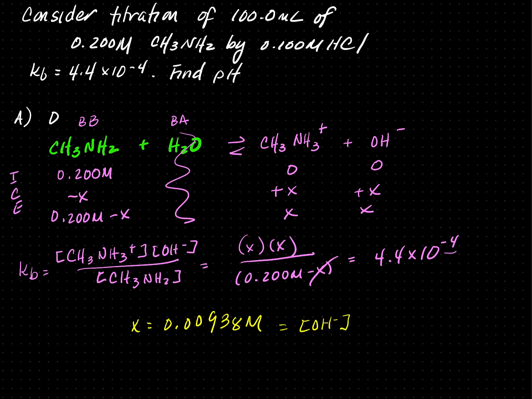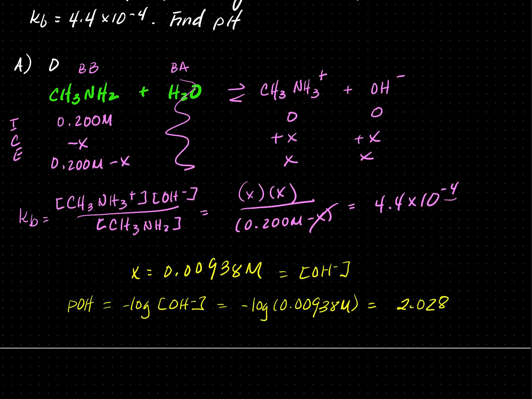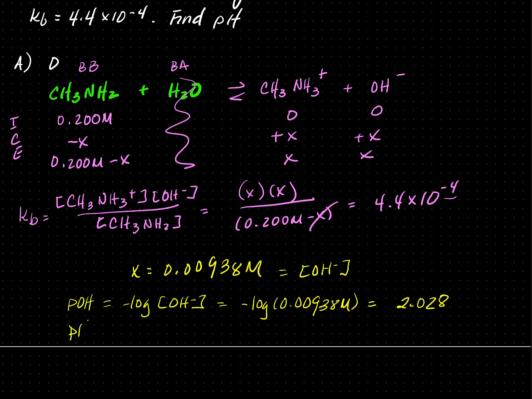So at this point, you could convert the OH minus to H plus if you want, or you could calculate the pOH. This is negative log of OH minus. This is equal to negative log of 0.00938 molar, which equals 2.028. Since we want the pH, we know that pH plus pOH is equal to 14.